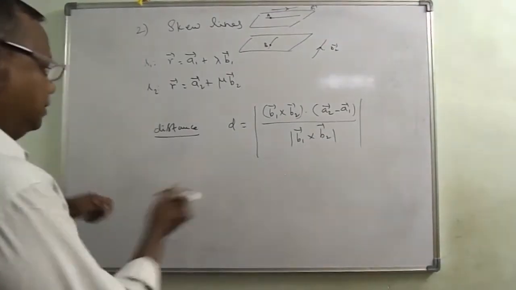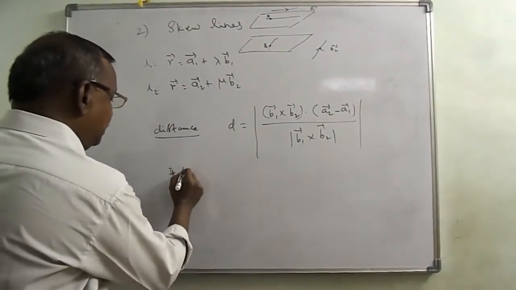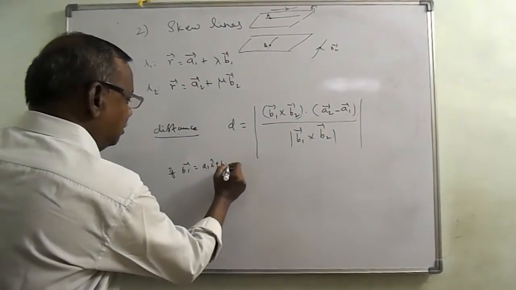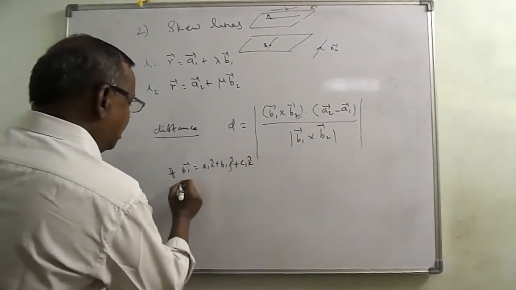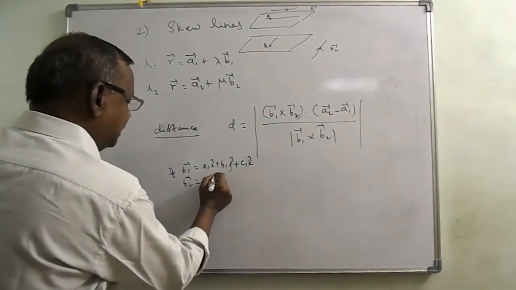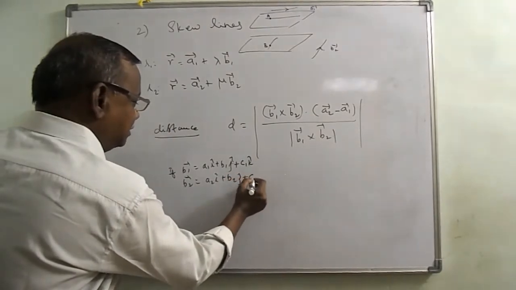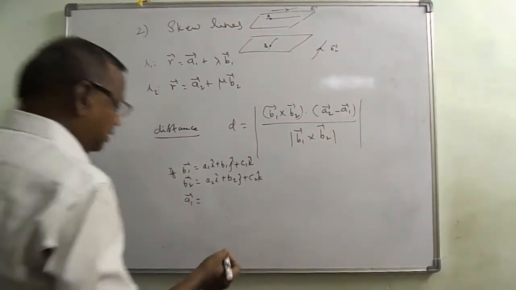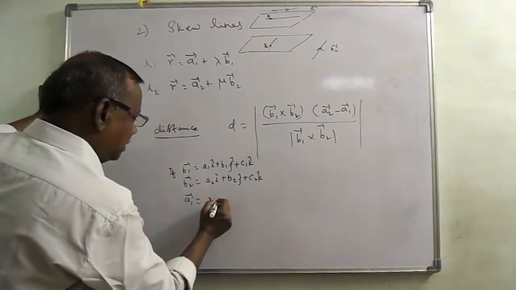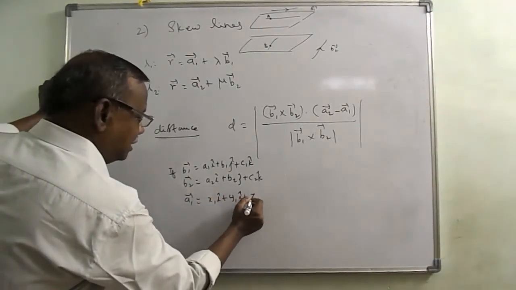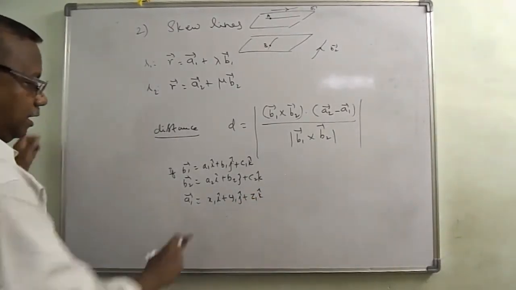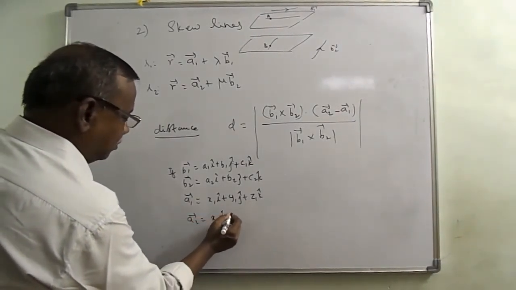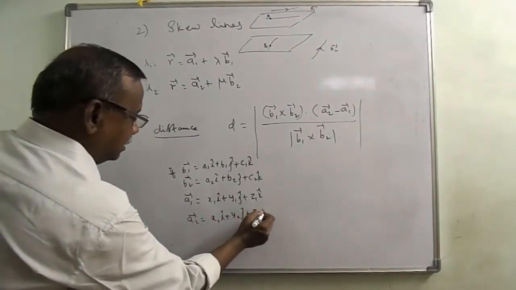Likewise, if B1 vector is A1 i cap plus B1 j cap plus C1 k cap and B2 vector is given as A2 i cap plus B2 j cap plus C2 k cap, and the point A1 vector with respect to some origin has position vector x1 i cap plus y1 j cap plus z1 k cap, and since it is the first point we take the coordinates as x1, y1, z1, and another point A2 vector equals x2 i cap plus y2 j cap plus z2 k cap.